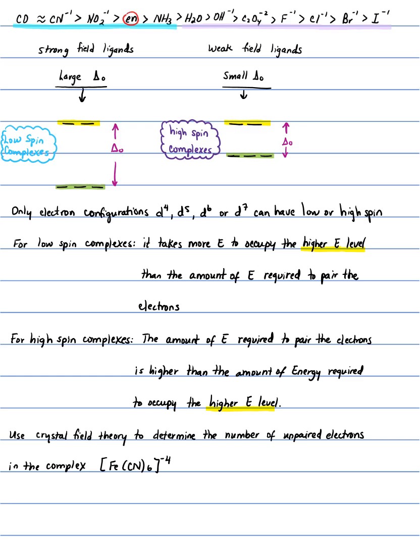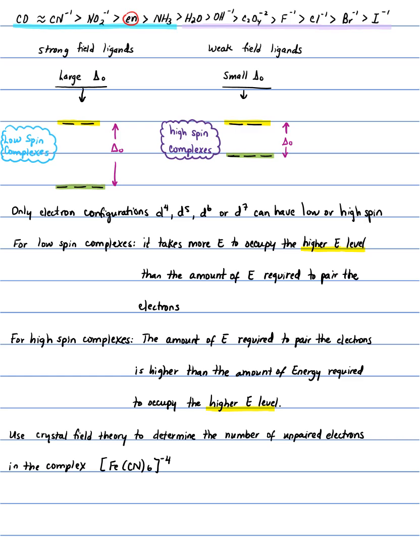So what I have here is a definition or a simple explanation of what's happening with low spin and high spin. Low spin complexes are those that you get when you have strong field ligands bonded to the metal.